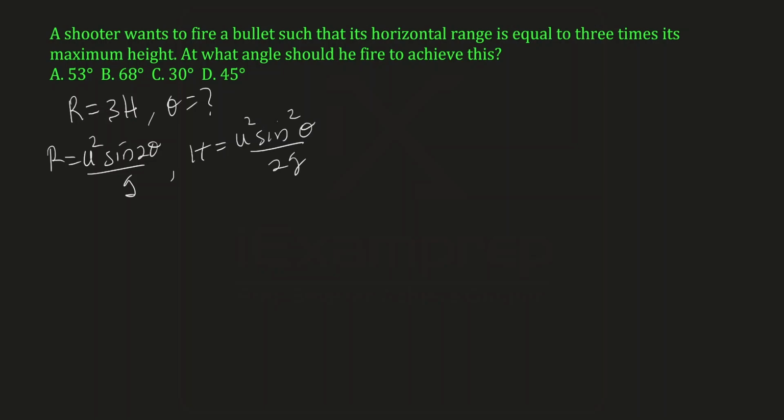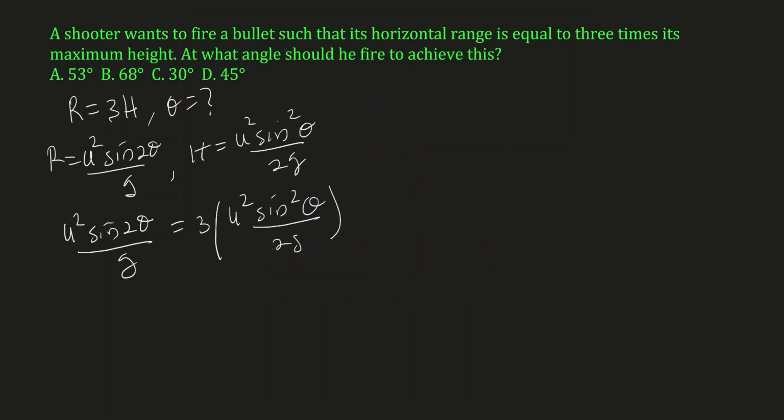Since range must equal 3 times height, it then means that u squared sine 2 theta over g must equal 3 times u squared sine squared theta over 2g.